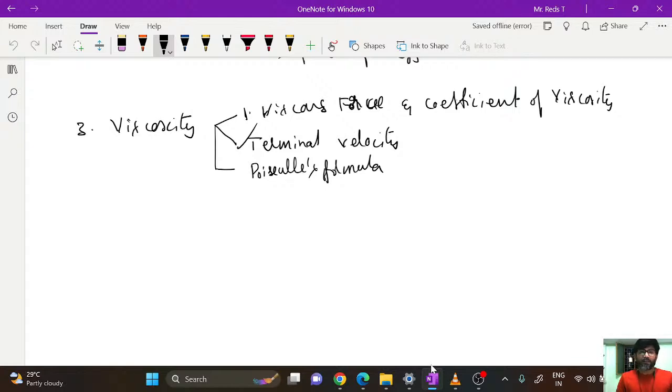Yeah. So that is the next part. The next one is surface tension.